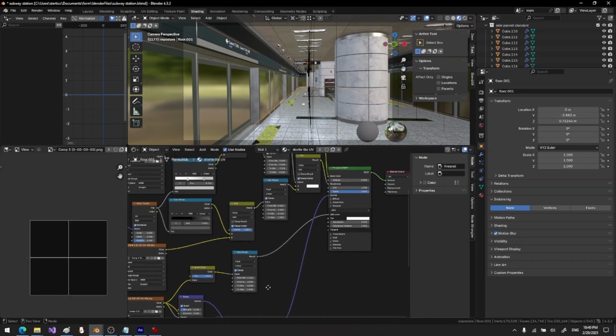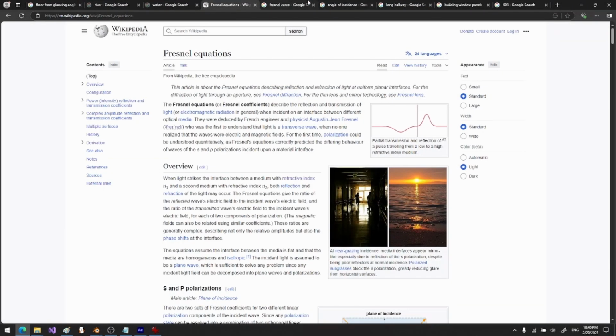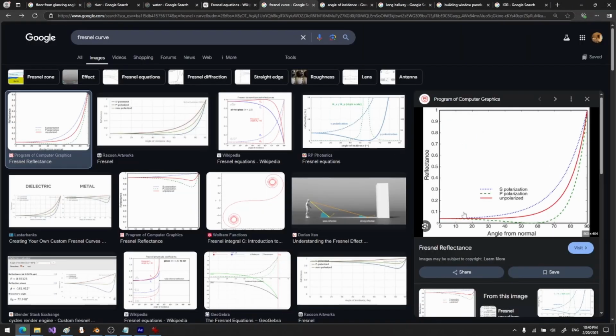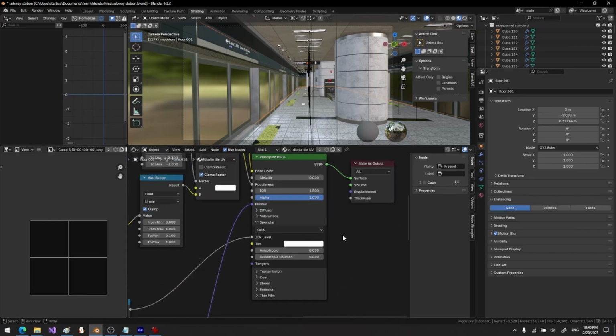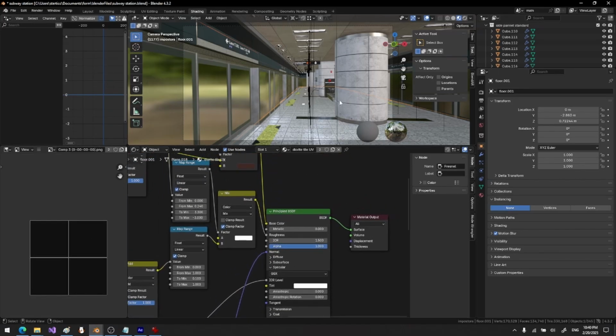And to wrap things up, first of all, the IOR will determine the shape of your Fresnel curve depending on the physically accurate version of your IOR, and then tweak the first point of your Fresnel curve depending on the IOR level provided in the Principled BSDF specular tab. And by default, it will only affect the reflectiveness or the specularity of the surface.